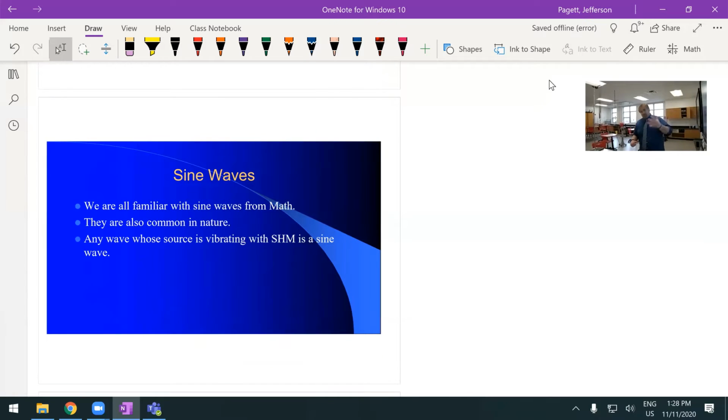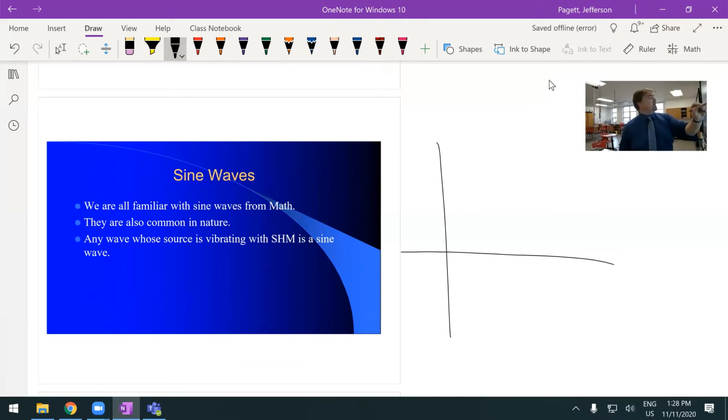Now, you should have had some conversation about sine waves in mathematics. Sine, cosine, that kind of thing. You probably remember them looking like this. And it turns out that they appear in nature as well. In fact, any wave source that's vibrating with simple harmonic motion will produce this sine wave.